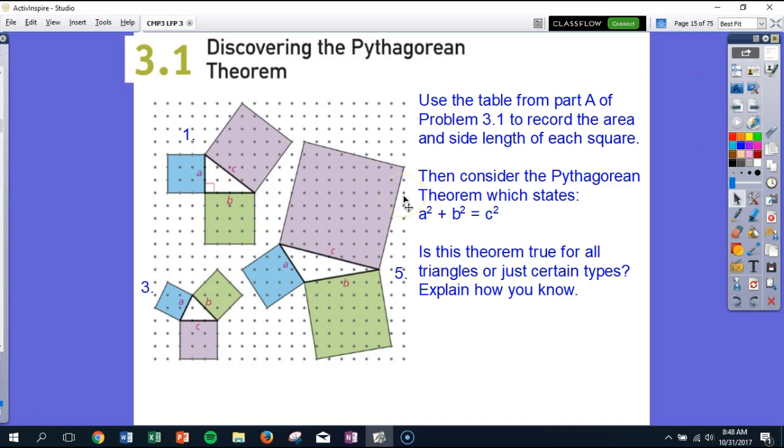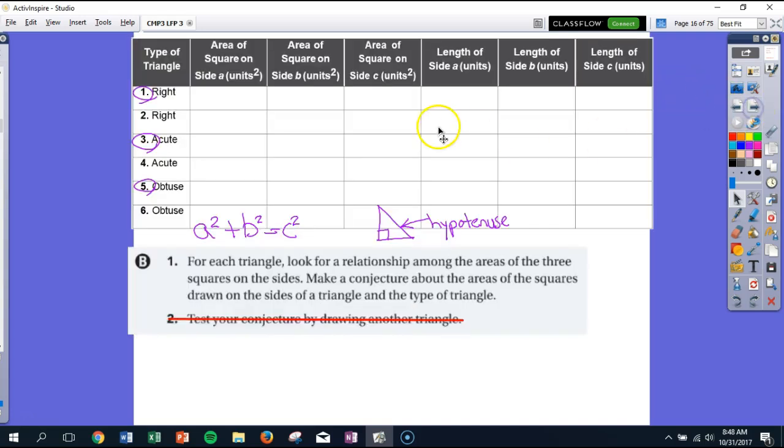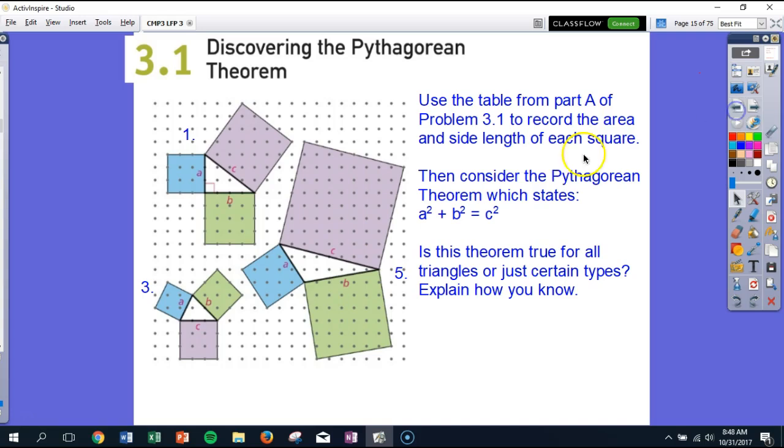So in 3.1, we have these figures laid out here, and I want you to use the table from part A, this table here, to record the area and side length of each square.